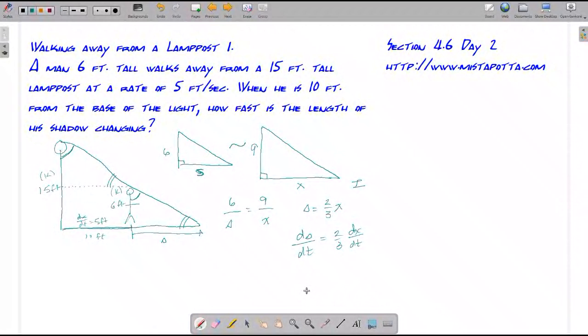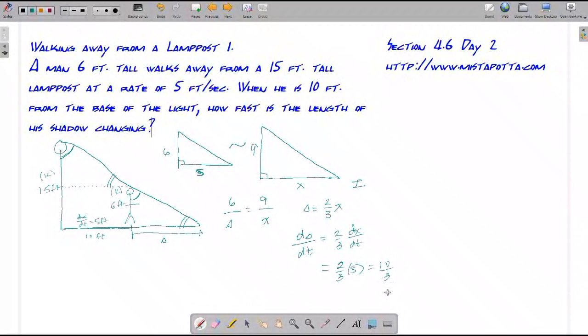And that's the quantity that I know. I know that is 5 feet per second. So this is going to be equal to 2/3 of 5, which would really be 10/3.